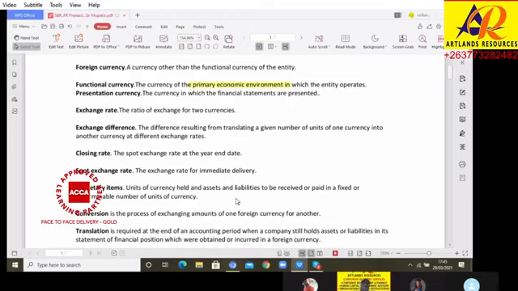Monetary items involve movement of cash, be it from a foreign operation to the home parent, or you are just paying for a foreign currency transaction, or you are expecting to receive foreign currency. Like if you have receivables in another currency, it's a monetary item, because it will actually result in a cash transaction.